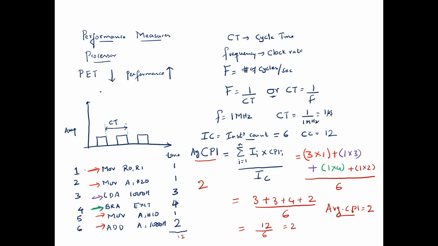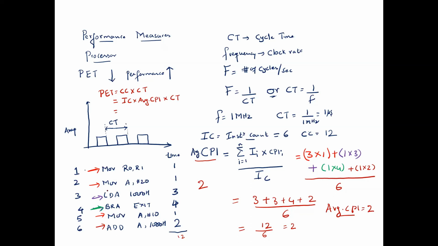So program execution time is cycle count multiplied by cycle time, or you can write it as instruction count multiplied by average cycles per instruction multiplied by cycle time.